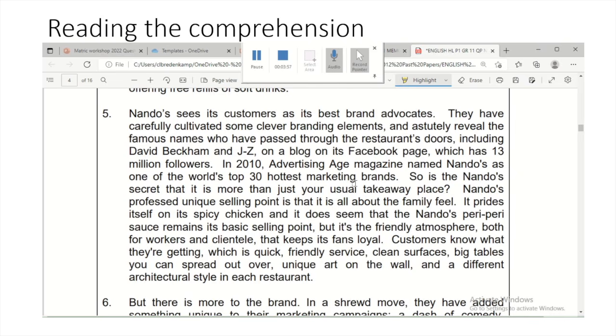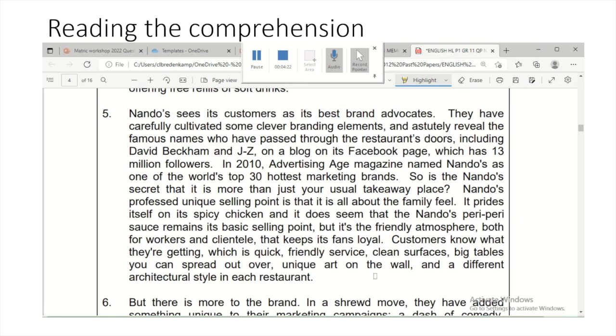They have carefully cultivated some clever branding elements and astutely reveal the famous names who pass through the restaurant's doors, including David Beckham and Jay-Z, on a blog on its Facebook page, which has 13 million followers. In 2010, Advertising Age magazine named Nando's as one of the world's top 30 hottest marketing brands.